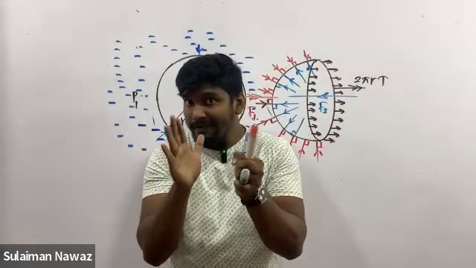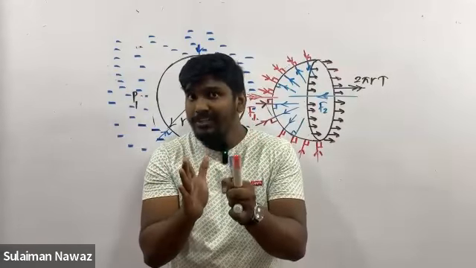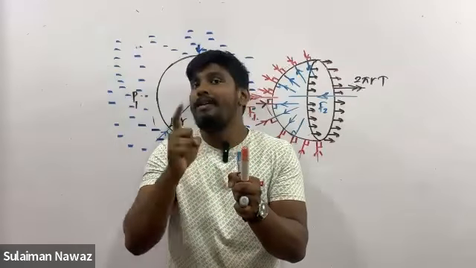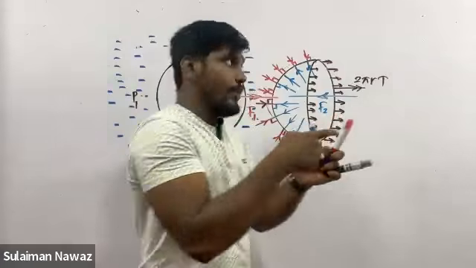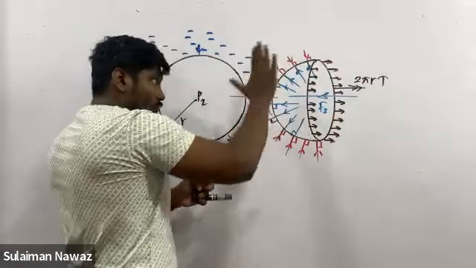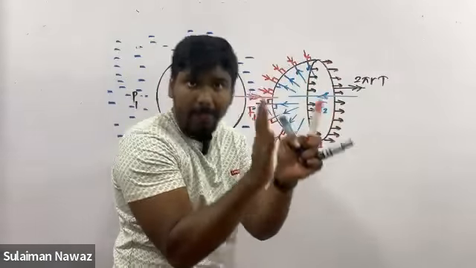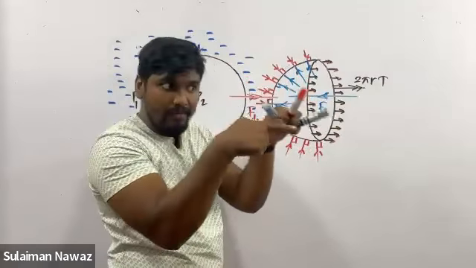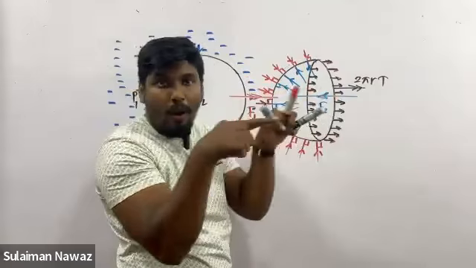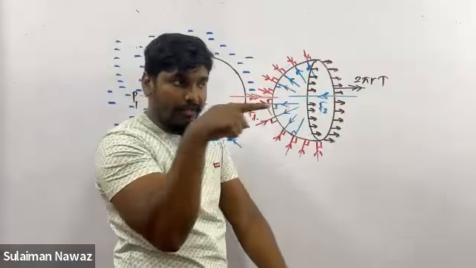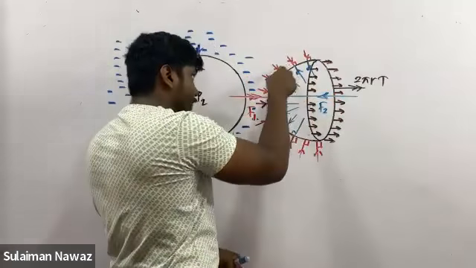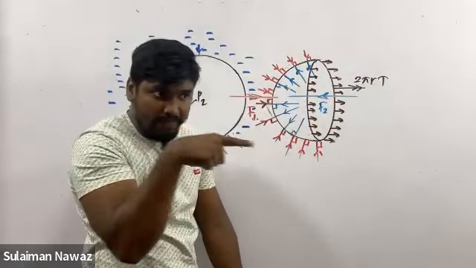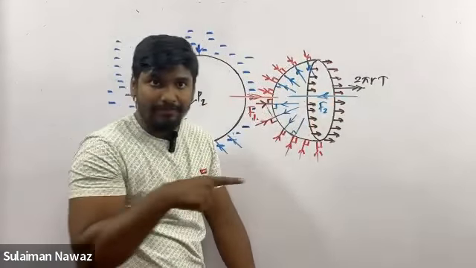But if I ask you the effective area on which these pressure forces act, your answer must be pi r squared. Why? Because when you resolve all these pressure forces, the resultant force component acts horizontally.